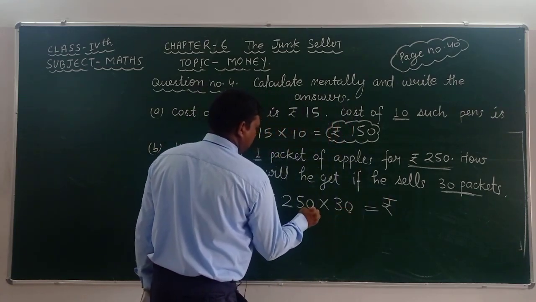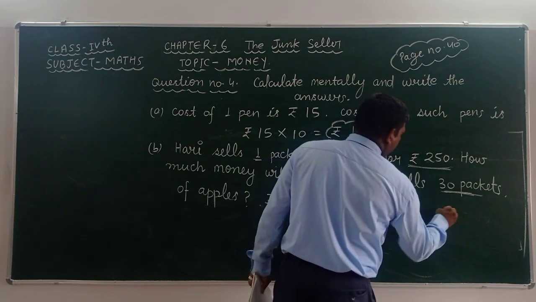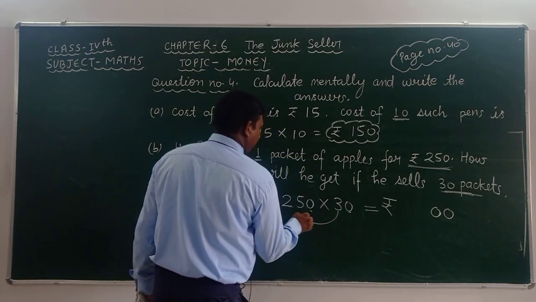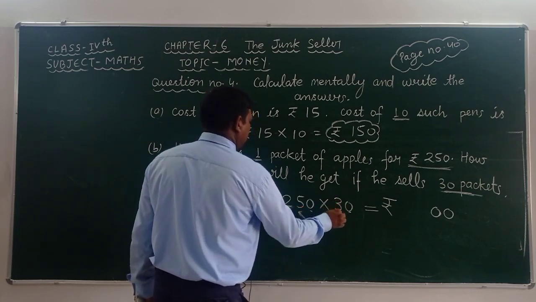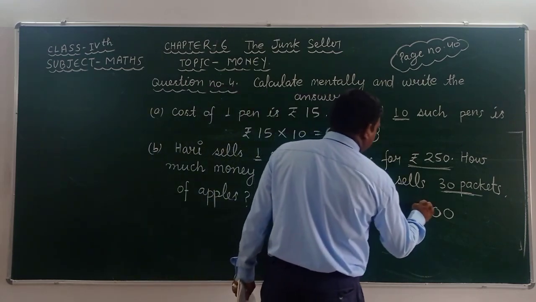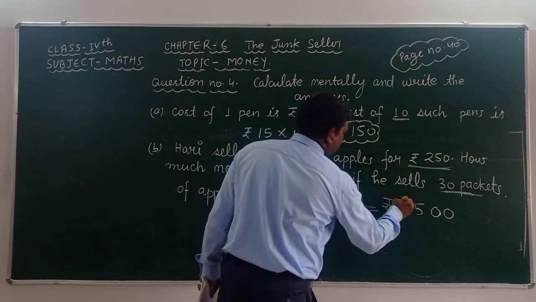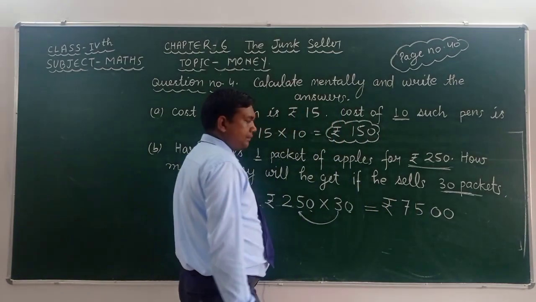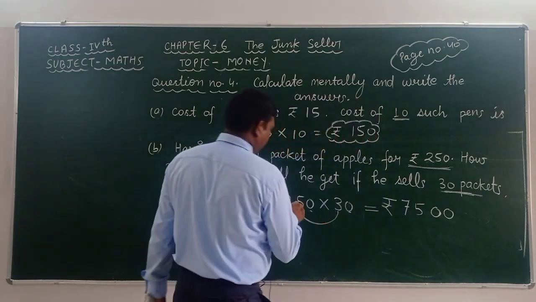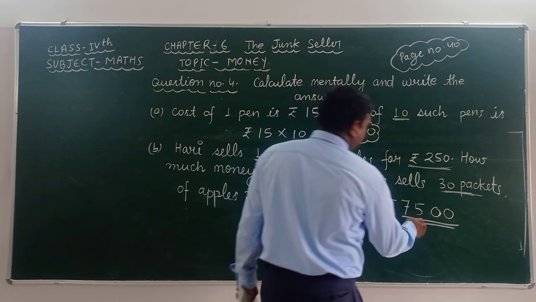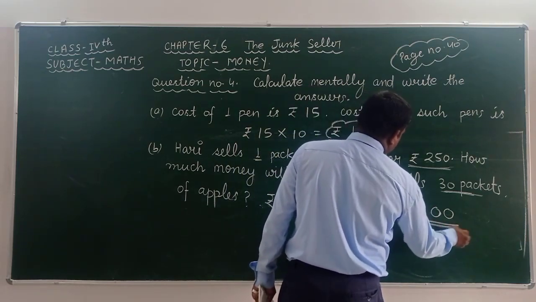Look here carefully, here given 20, therefore we can take 20 as same. Again we have to take the multiplication of 25 by 3. 3 times 5 is 15, write 5, carry 1. 3 times 2 is 6, plus 1 is 7. Okay, friends, after solving these we get 7,500.